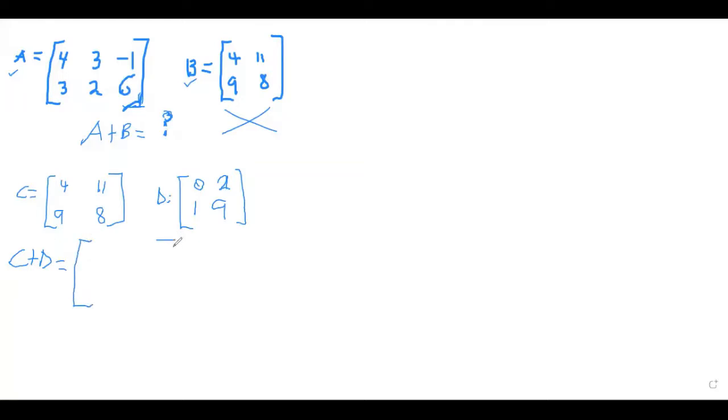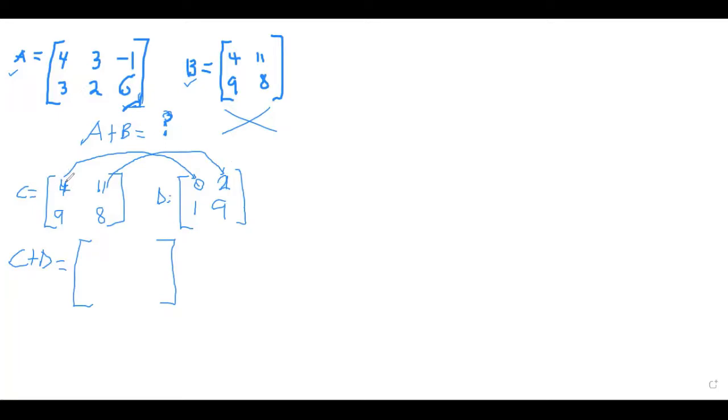Okay, so C plus D. What do you think the answer would be? You add them. You add the 4 to the 0 here, and the 11 to the 2, based on their position where you find them.